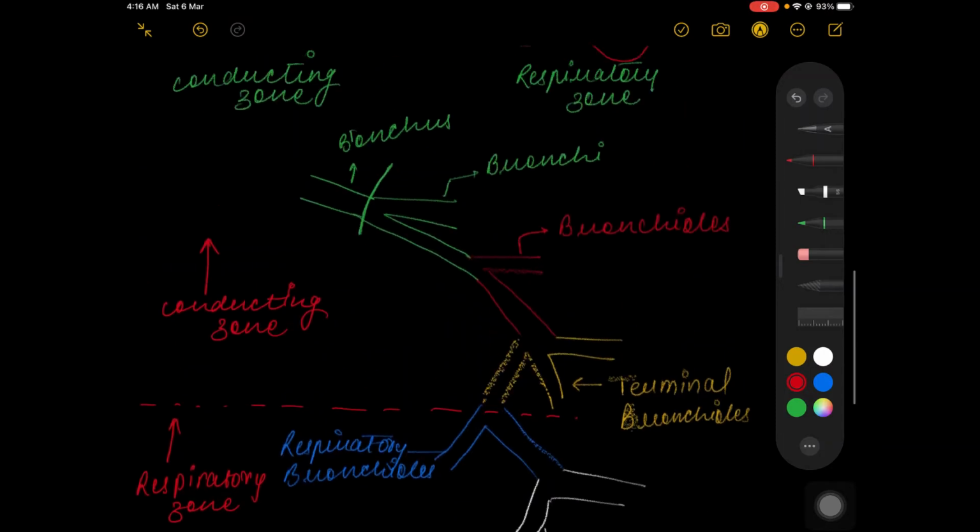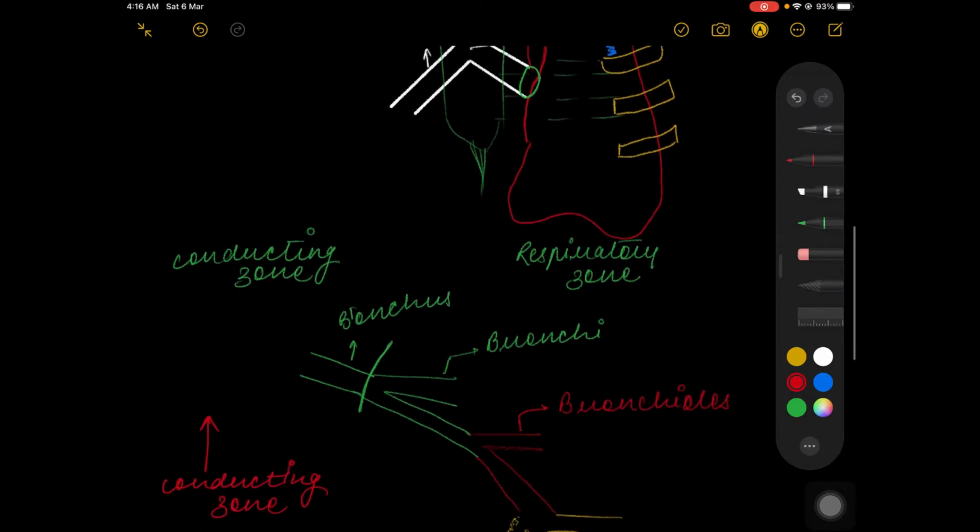Okay, and there is a muscular structure which is present below the lungs. Like suppose this is the trachea, it divides into the right and left primary bronchus.